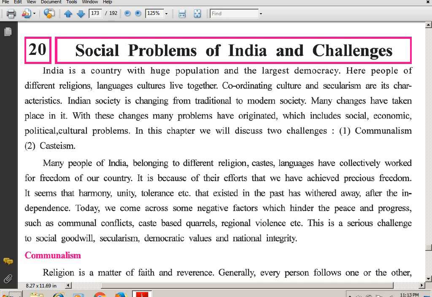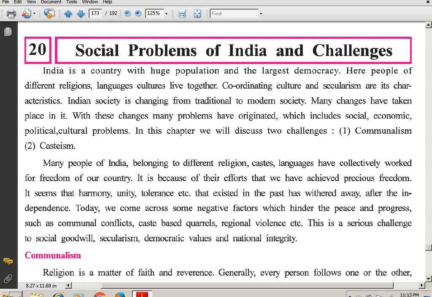Among these, in this chapter, we're going to discuss two challenges, and they are communalism and casteism. So please open your textbook and be with me.